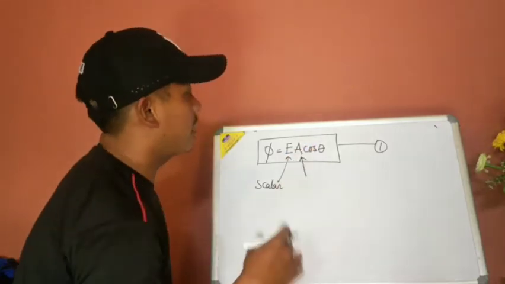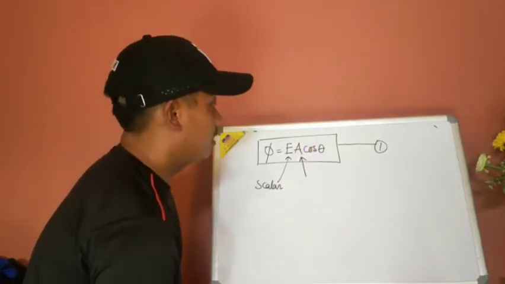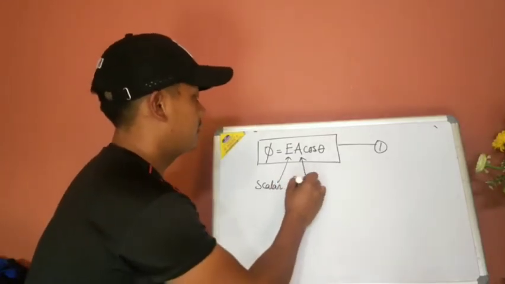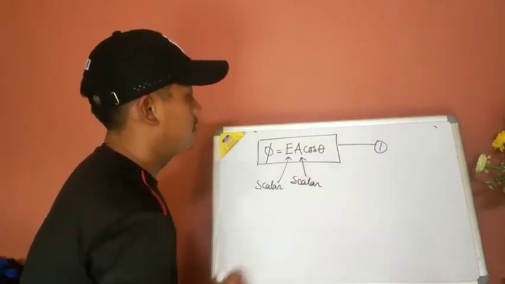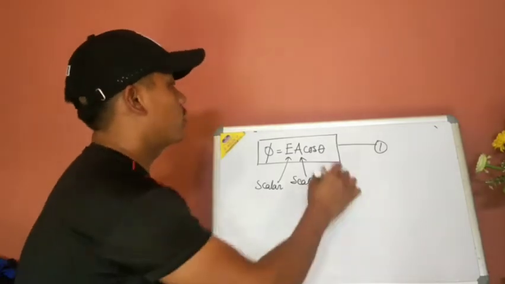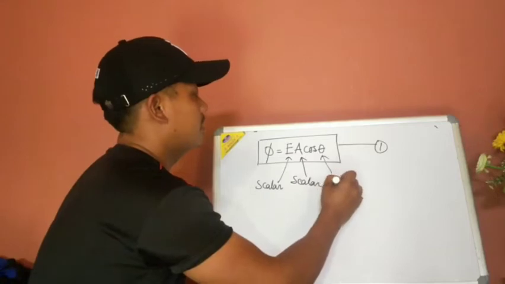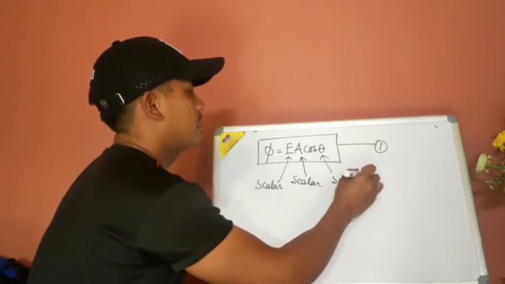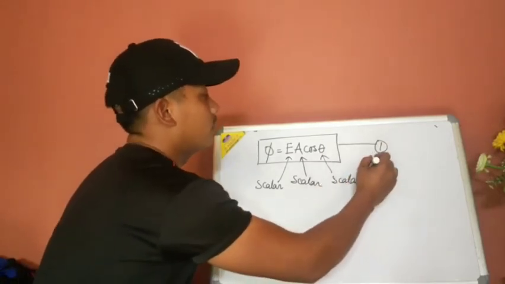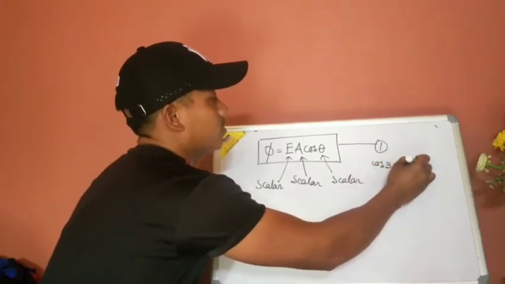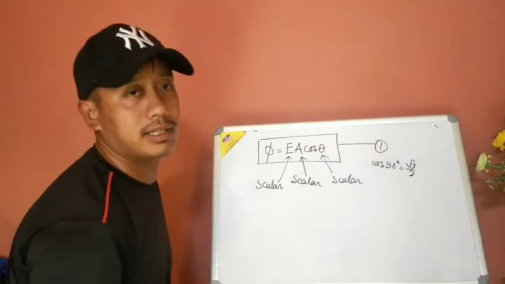Area, how much meter square, how much centimeter square, is always a scalar quantity. Cos theta value is always a scalar, right? Let us take an example. Cos 30 degree is root 3 by 2, and root 3 by 2 is always a scalar quantity.